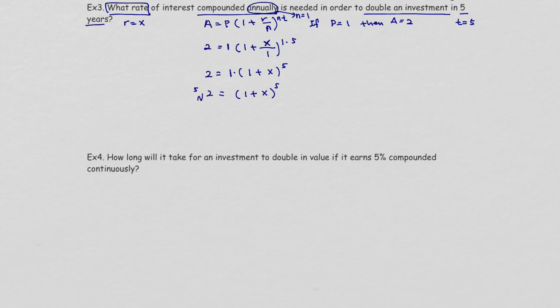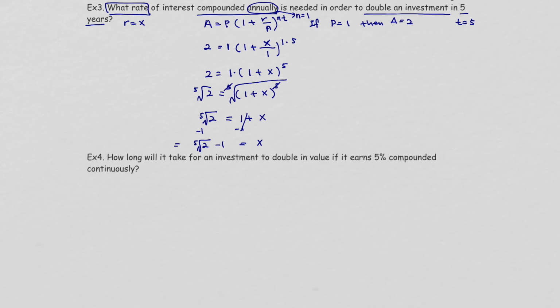So we do 5th roots on both sides to get rid of the 5th power. So you have the 5th root of 2 equals 1 plus x. And when you subtract both sides by 1, your x value should be the 5th root of 2 minus 1.